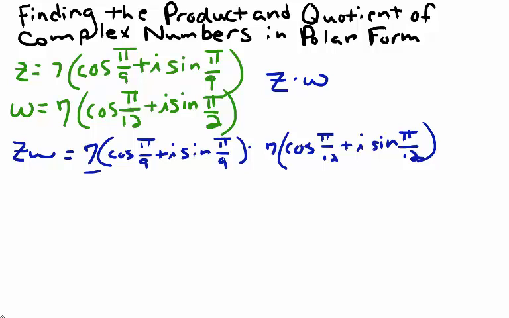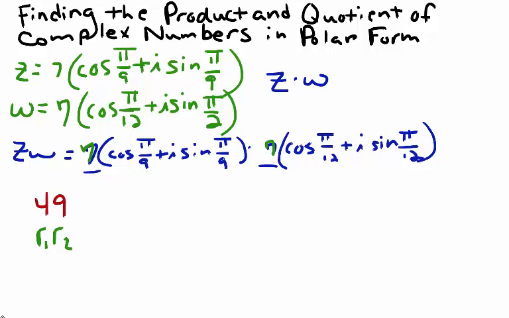Seven times 7 equals 49, which corresponds to R1 times R2. That is 7 times 7.